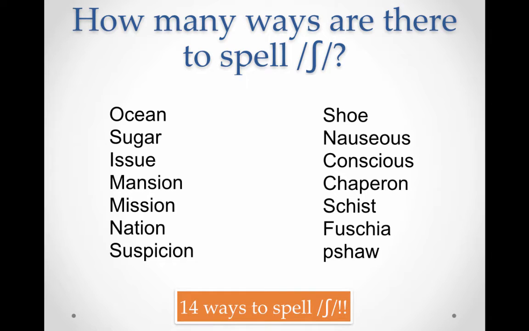All in all, there are 14 ways to spell sh. As you can see, English is very irregular in terms of sound and spelling correspondence, causing emerging bilinguals great difficulty. This difficulty is also true for first language speakers of English.